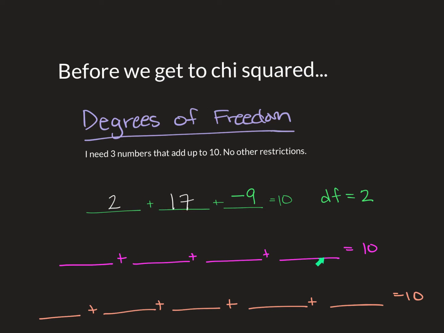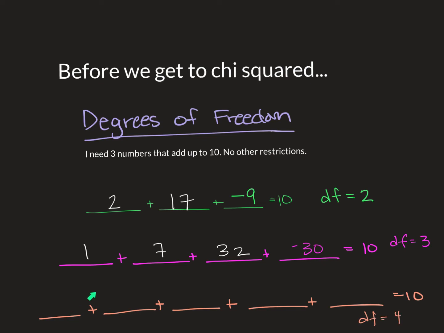If you had 4, then obviously, okay, so I can go 1, a 7, a 32, and now because 1 and 7 is 8, and 32 is 40, this is going to have to be a -30. Again, in this case, I had degrees of freedom 3. You can imagine when we get down here, I would have degrees of freedom of 4.